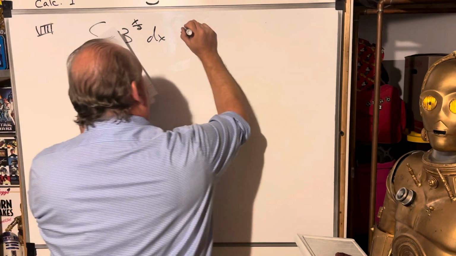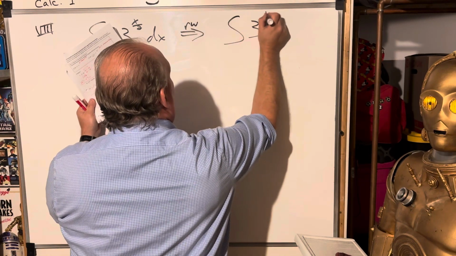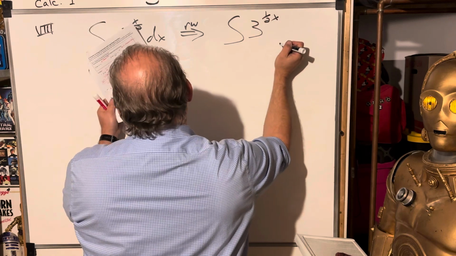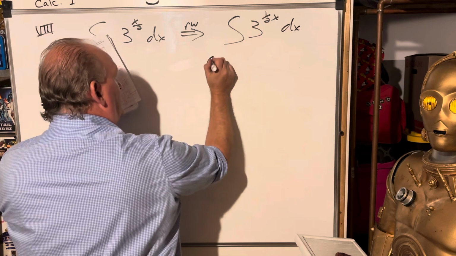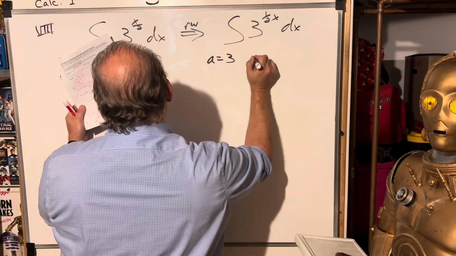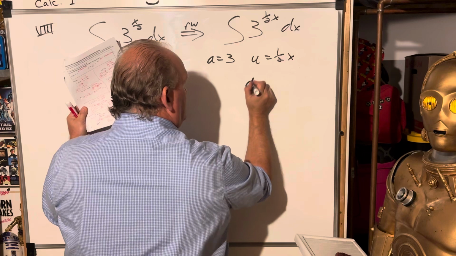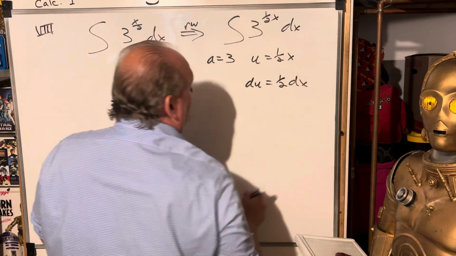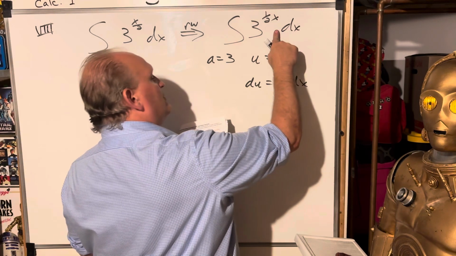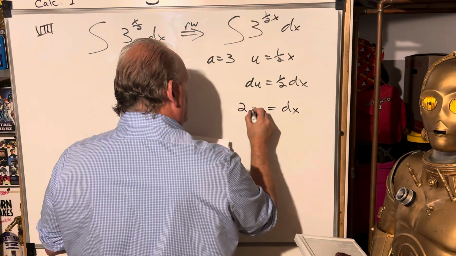So we'll rewrite that as 3 to the 1/2 x dx. a is equal to 3, u is equal to 1/2 x, du is equal to 1/2 dx, and of course there's not a 1/2 dx up there, so you gotta solve for dx. That's 2 du.